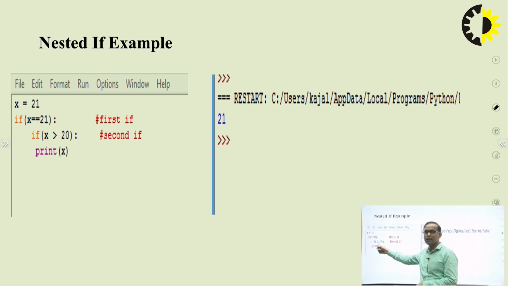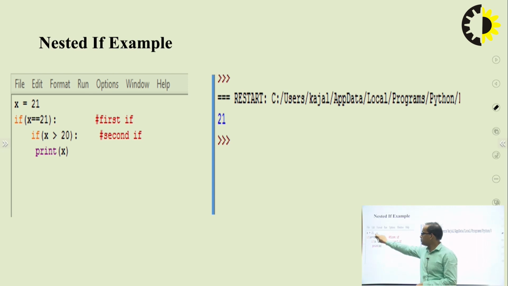Inside the inner if statement we are testing x is greater than 20. If x is greater than 20, condition 2 is true, then print x, and the value of x will be printed. So what is happening here? If condition 1 is true, only then the program control will go to the inner if statement. If this condition is not true, then program control will not test the second condition.